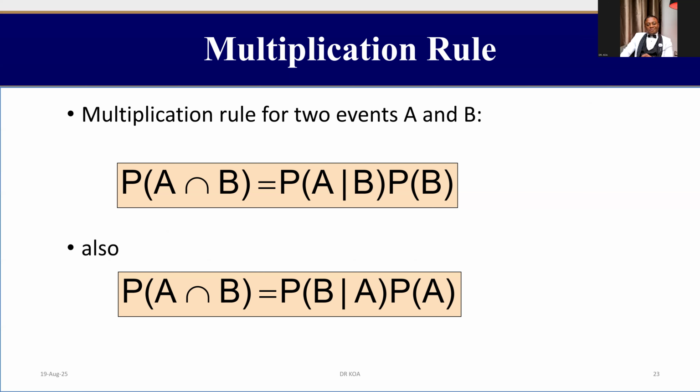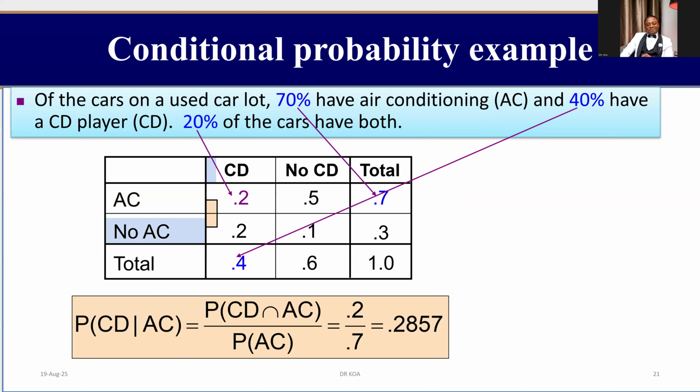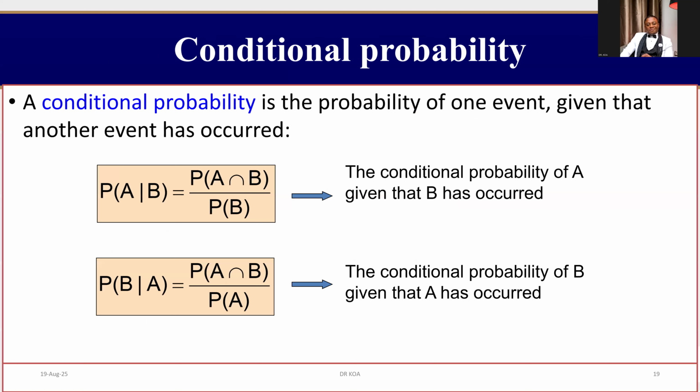the multiplication rule for two events A and B: from here, you can even deduce it from the previous one. From this one here, you can do a multiplication.